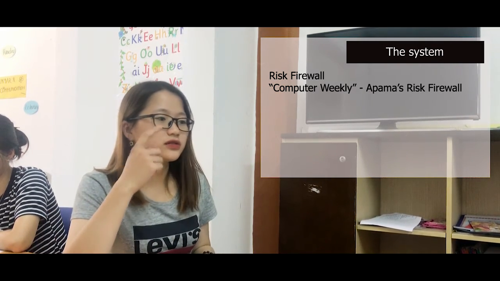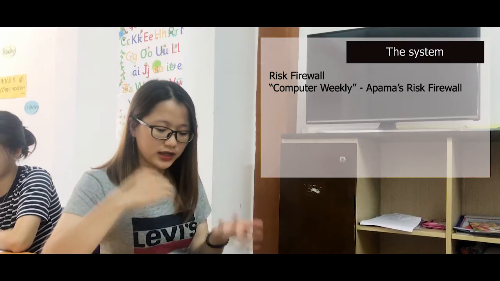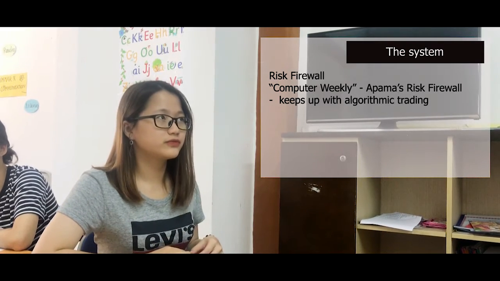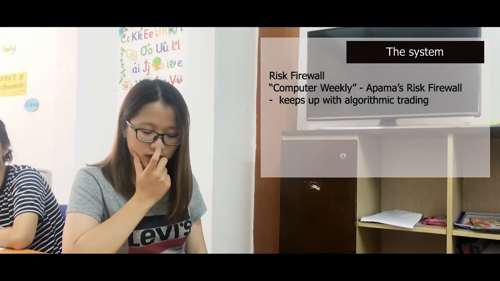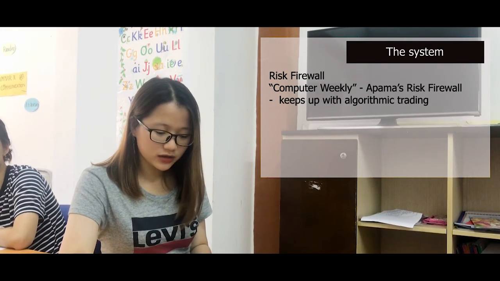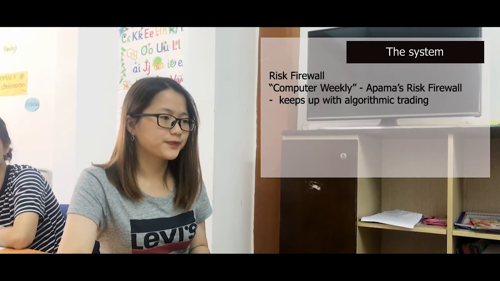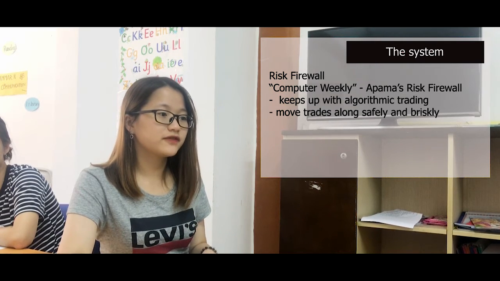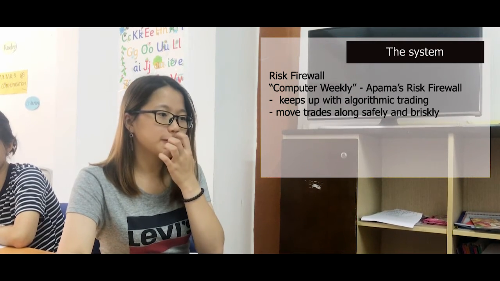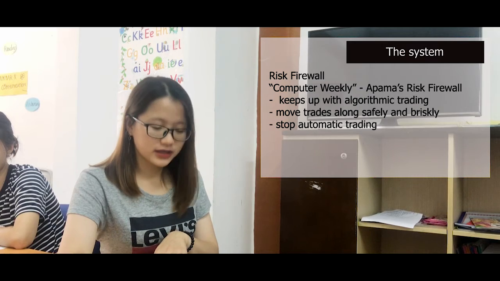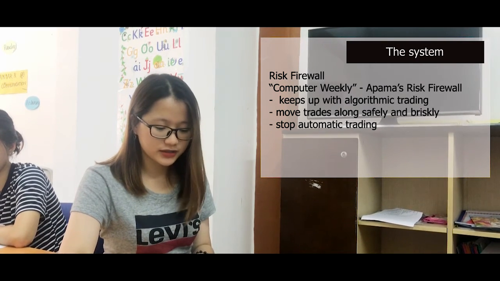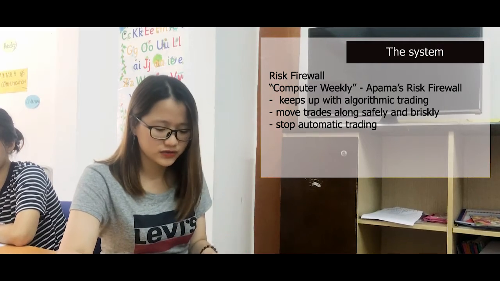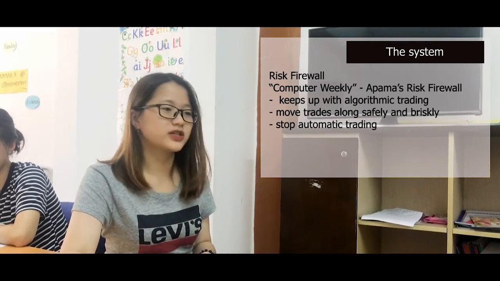I think this software keeps up with algorithmic trading, which is commonplace, with investment firms relying on technology to move trades along safely and at risk. Risk firewall can stop automatic trading if block trading patterns or undefined activity threaten to crash the market.